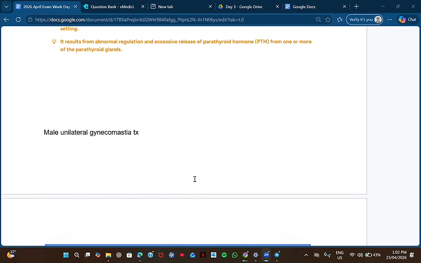Now tell me the causes of bilateral gynecomastia. Tell me, doctors. Just give me examples, because you are all exam-oriented doctors, right?